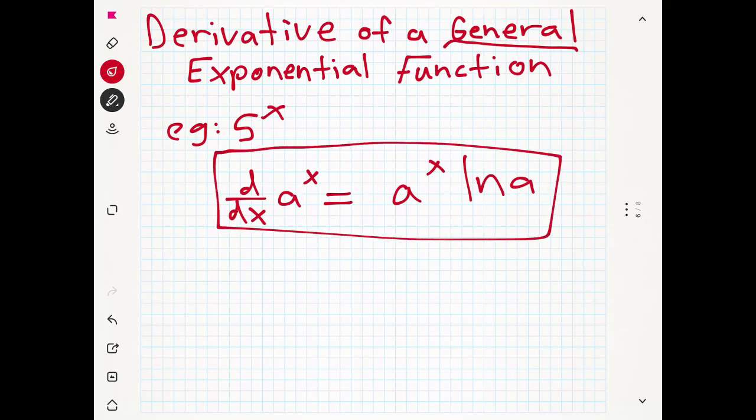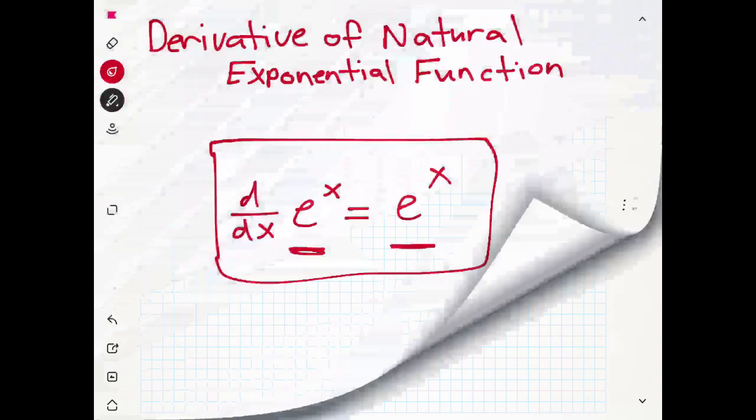Let me explain that a bit further. When you take the derivative of any exponential function, it results in the same exponential function being written again, and then you multiply by the ln of the base. ln is just the natural log. If you remember, logs have bases. The natural log is a log with base e, written as ln, and this is the same e that we talked about earlier.